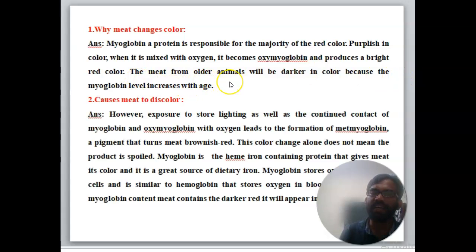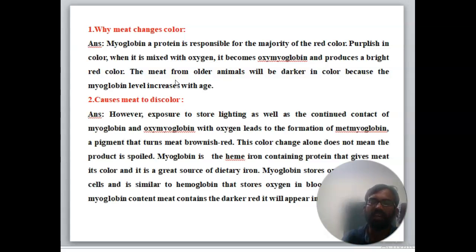Meat from older animals will be darker in color because the myoglobin level increases with age. Next we will discuss how myoglobin changes to oxymyoglobin in the presence of different factors.